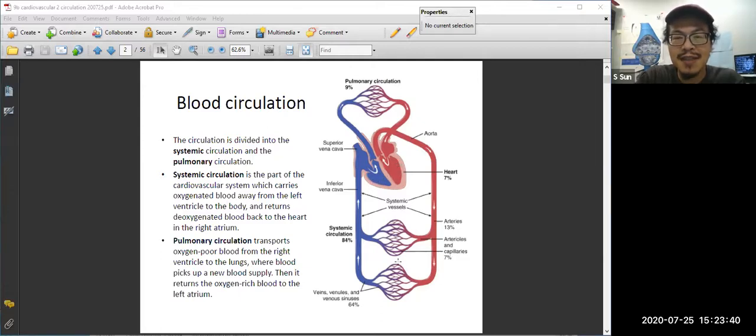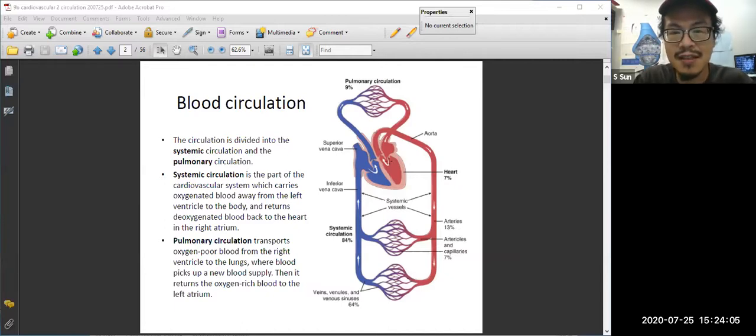Blood from the systemic goes back to the right atrium to the right ventricle. Then the right ventricle sends out the blood into the pulmonary circulation, back to the left atrium and then the left ventricle. Then the left ventricle pumps out blood through the aorta to the entire body.